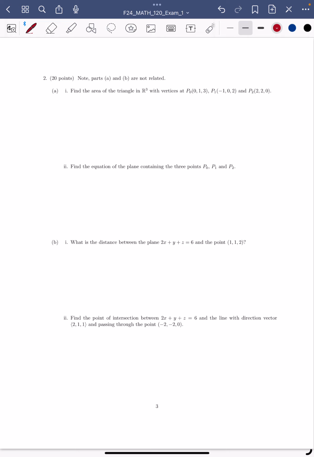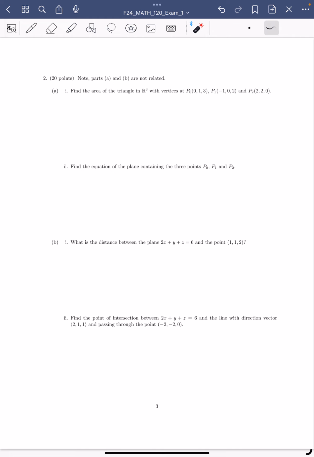Now we are in question 2. So parts A and B are not related, but for part A, you have 2 questions. Now find the area of the triangle with the vertices P0, P1, and P2. There are several ways to approach this, but let's take a look at the second question.